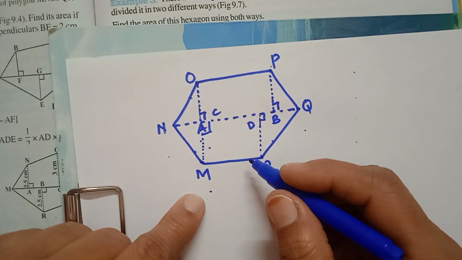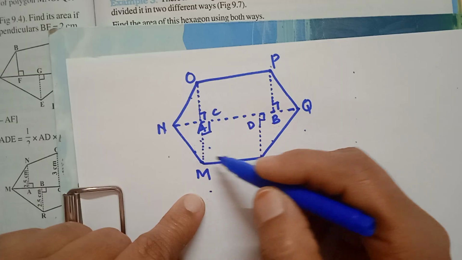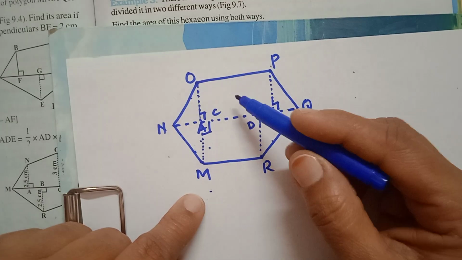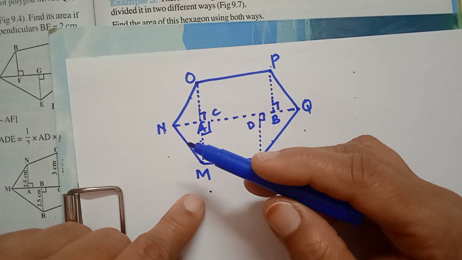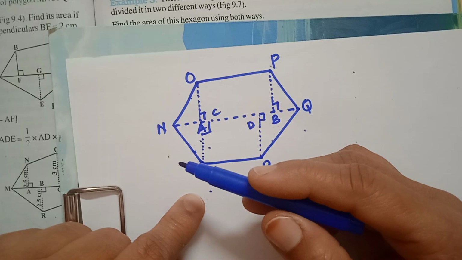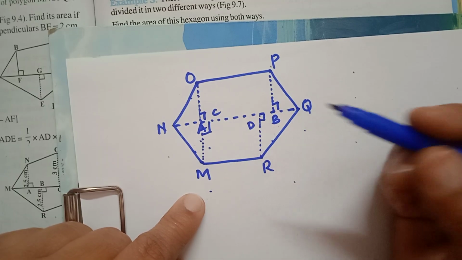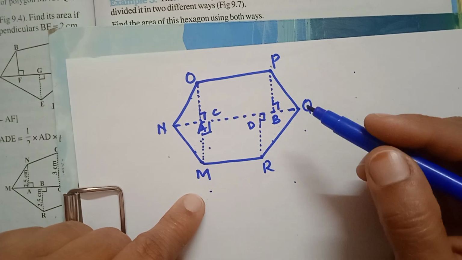Did you get this? So the total area of the polygon is the area of these 4 triangles as well as the area of these 2 trapeziums, in the same way as I did in the last problem. You have to put the area formulas to find the areas of these 4 triangles and the trapeziums. That's it.